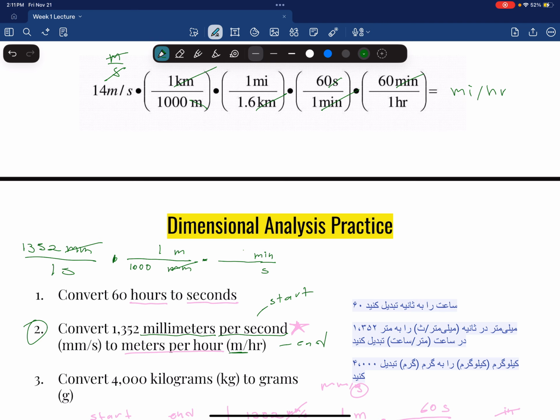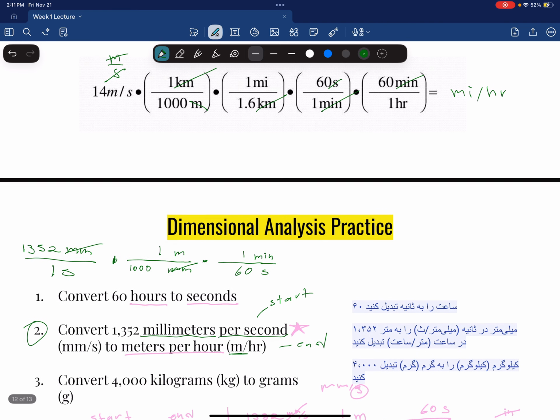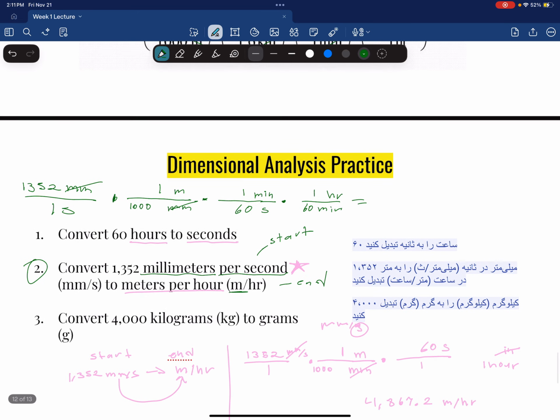So we know that 1 minute is 60 seconds. Then from there, you want to get rid of your minutes, so they go at the bottom, and you end up with your hour. We know that 1 hour is equal to 60 minutes. If you calculate this entire thing, that's going to give us our answer.